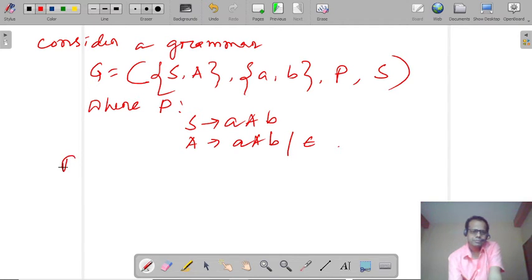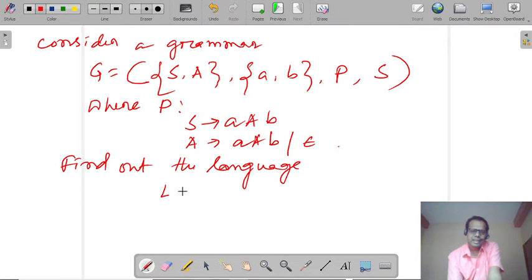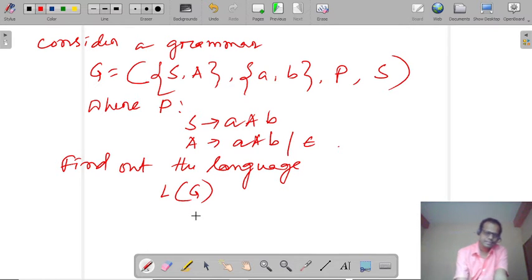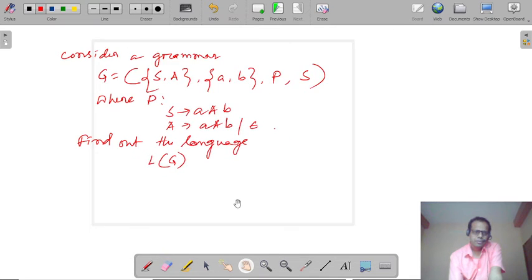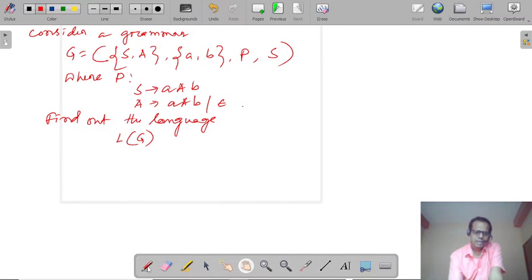Find out the language which can be generated by the grammar, that is L of G. So in this particular case, first of all we will find out the least length of the string.